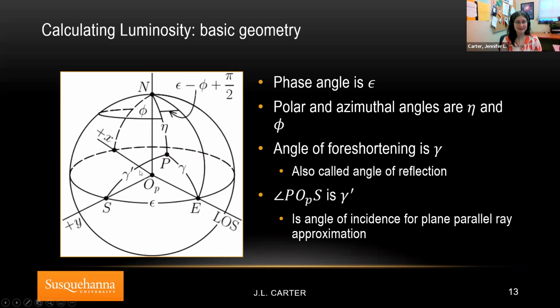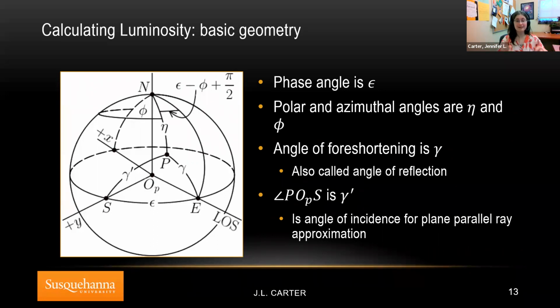The other important angle has to do with our incident radiation, gamma prime. This is the angle between point P and the substellar point. For the plane parallel ray case, when we have large star-planet separations, this corresponds to the angle of incidence.